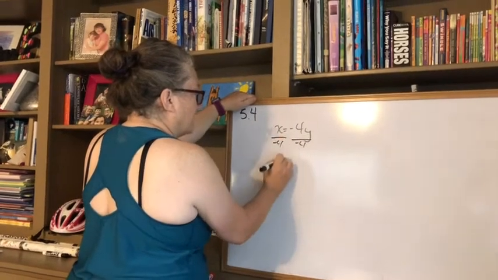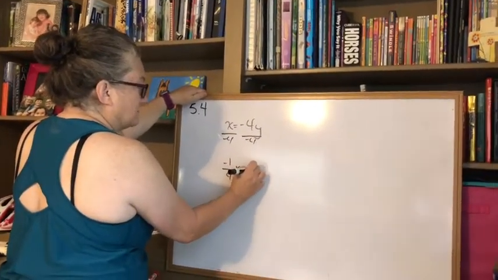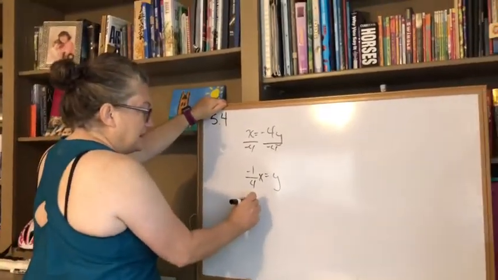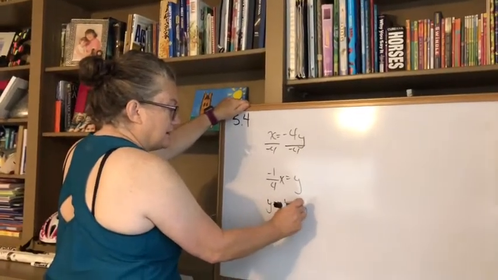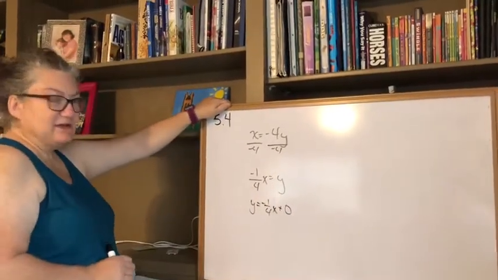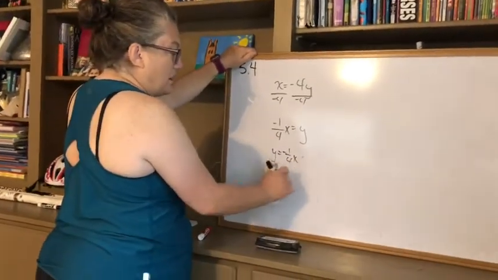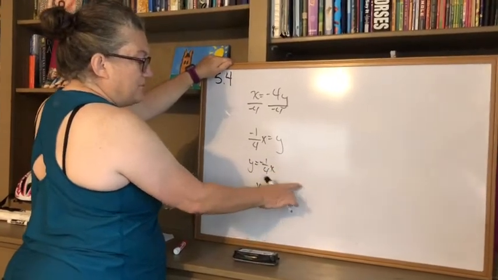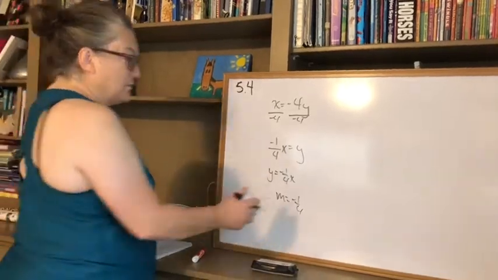This gives negative 1/4 x equals y. So we have it in the form y equals mx plus b. The b in this case is 0. We don't need to write that down, I just want you to see that it is 0. You're not always going to have a b. So our slope is negative 1/4.